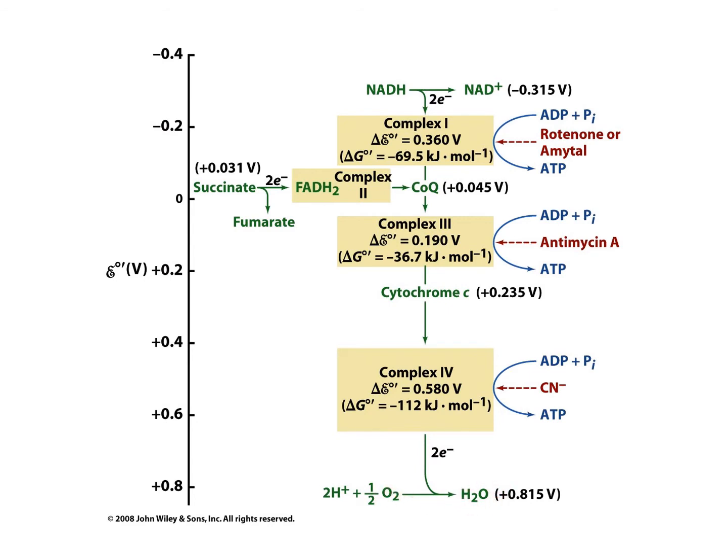And again, it's always from the more negative E naught prime value to the more positive E naught prime value that the electron is moved. We're going to discuss more about this electron transport chain, its components, as well as how these electrons are moved through and generate the ATPs.